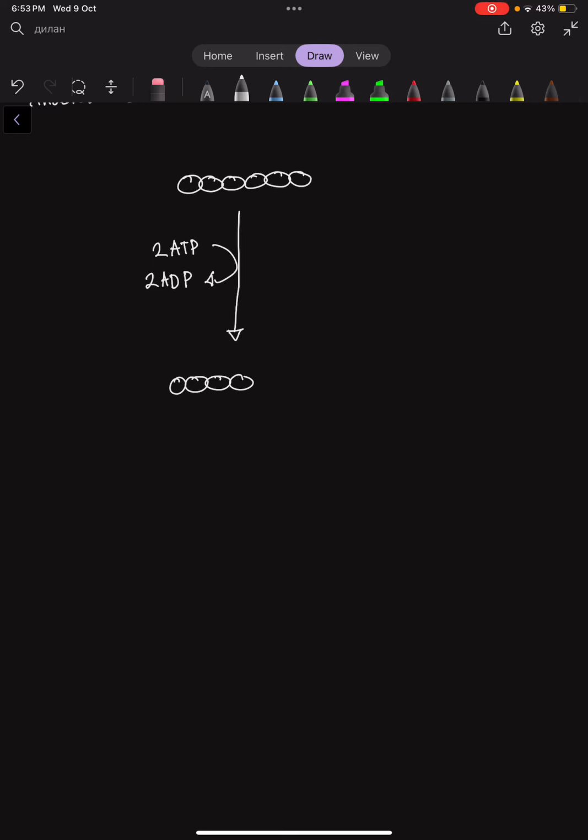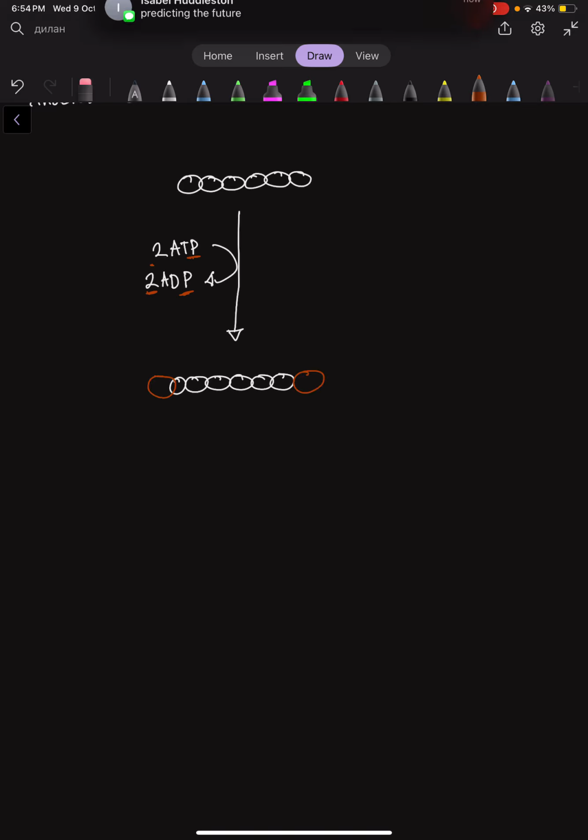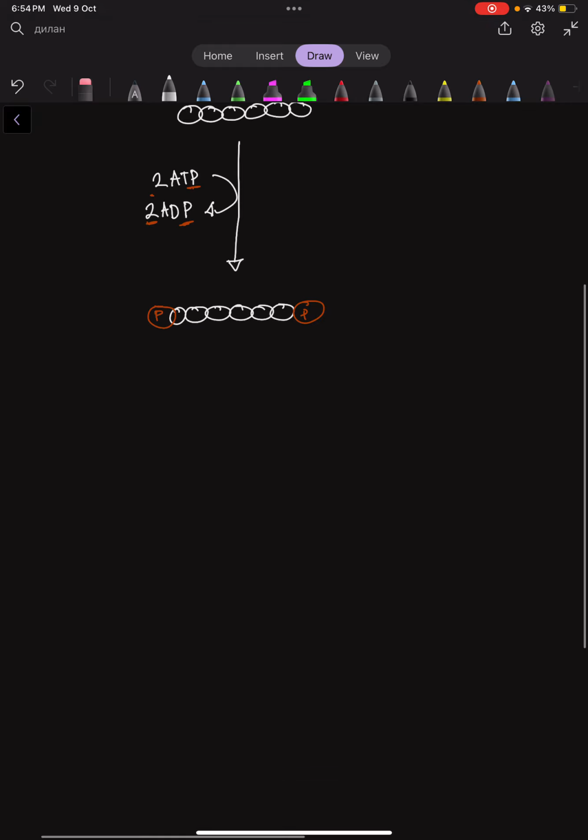So we still have this 6 carbon. I'm just going to draw it again, but now in orange, 2 phosphates because of that 2. There's 1 on the end here and 1 on the end here. So that's a phosphate, by the way. Okay, then this splits. So this is the lysis part.